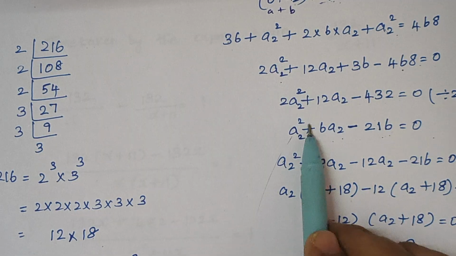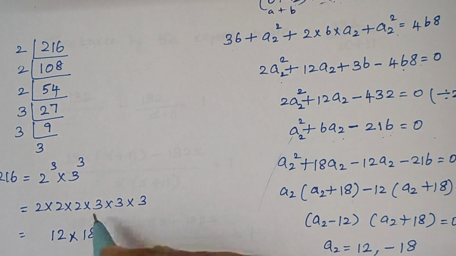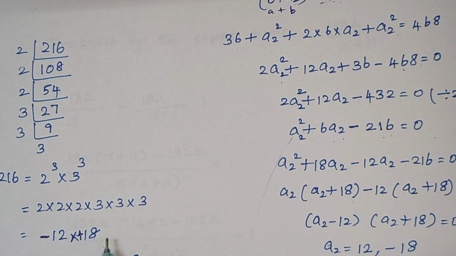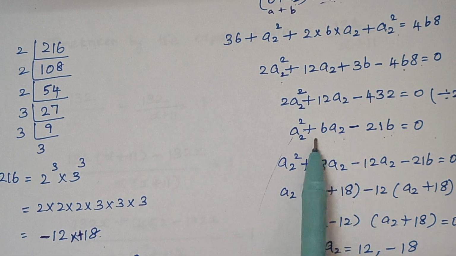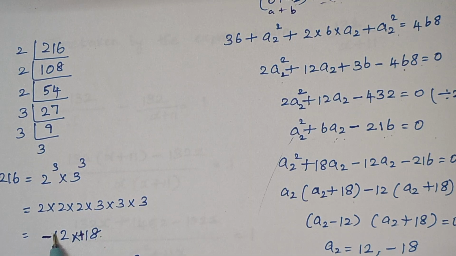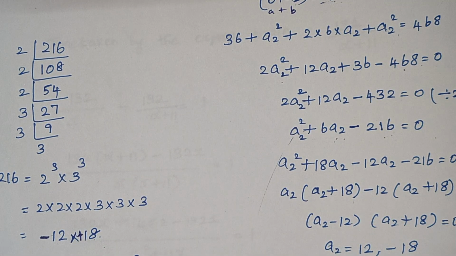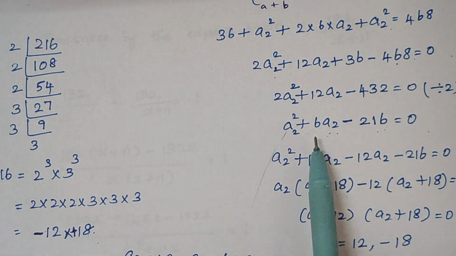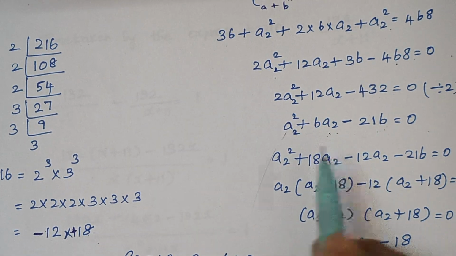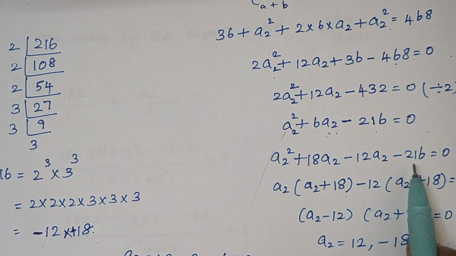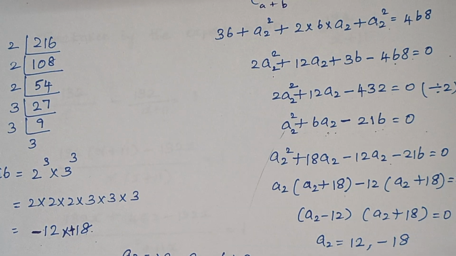So since here we have a positive sign, we are assigning plus 18 and minus 12. Because plus 18 minus 12 gives you plus 6 and plus 18 into minus 12 gives you minus 216. So this 6a2 can be written as plus 18a2 minus 12a2 minus 216 equal to 0.